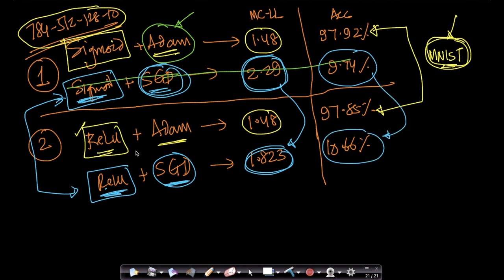In the previous case, because Adam optimizer is super powerful, going from sigmoid to ReLU did not make a big difference. But when you have a weak optimizer like SGD without learning decay, going from sigmoid to ReLU made an impact in my multi-class log loss. Lower the better, right? In multi-class log loss. Even in accuracy, there is a small improvement.